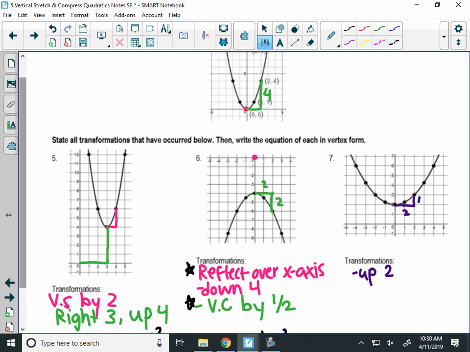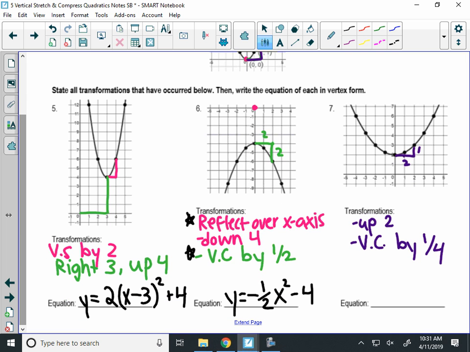And remember, when I go out 2 up here, I go up 4. 1 is 1/4 of 4, so this is a vertical compression by 1/4. Our equation here, y equals, the vertical compression goes out in front. You didn't go left or right, so you just write x squared, and then up 2.